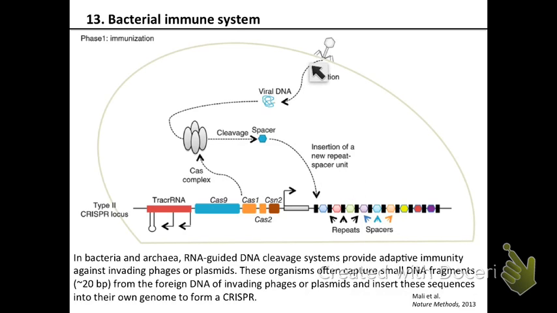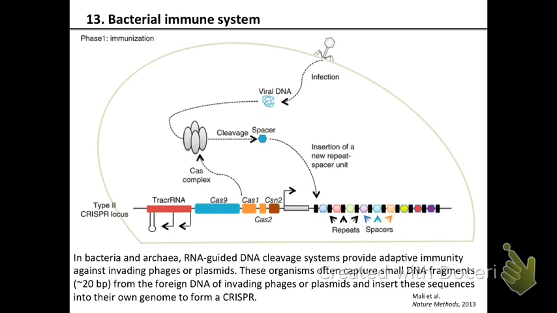So what happens is that when a viral DNA invades, the cell contains the Cas9 complex, which cleaves the DNA and takes up a small portion of that viral DNA, which we call the spacer, and then inserts that into a clustered repeat array. And each of these spacers, which are short DNA sequences, comes from different viruses.